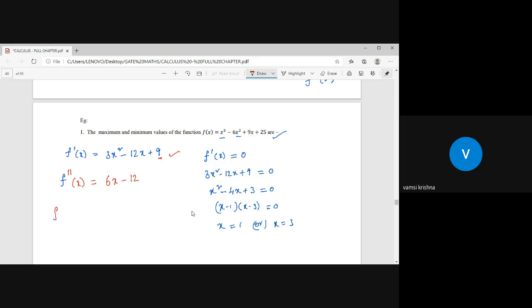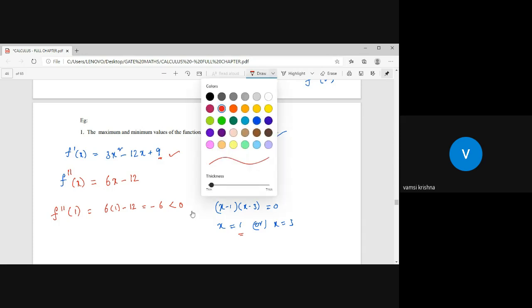Now let's take f double dash of the first root a, that means 1. Here the x value 1 came, so I am substituting that. If I take f double dash of 1, it is 6 into 1 minus 12, that will be minus 6. Minus 6 means less than 0. So if I got an answer less than 0, what is my conclusion?